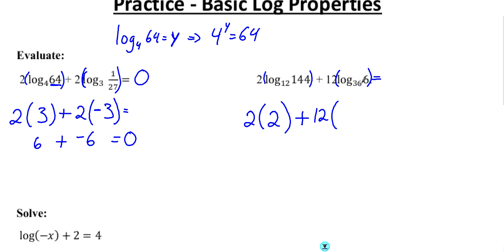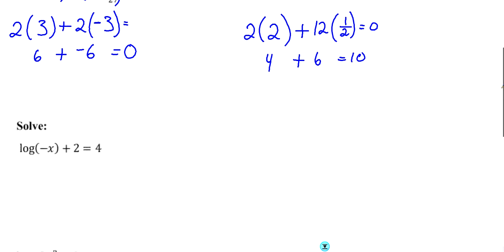Well, the square root of 36 is 6, and the square root is the 1/2 power. So 2 times 2 is 4, plus 12 times 1/2, which is 6, which means this is 10. So we're just using these log properties to simplify things and evaluate them.